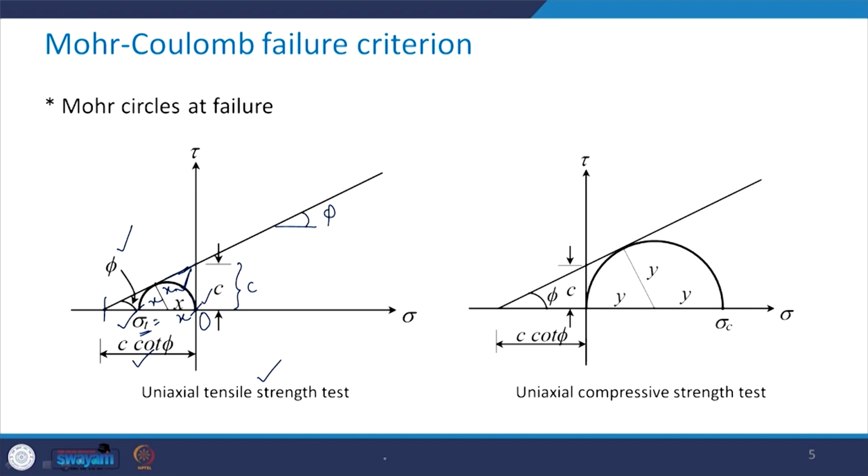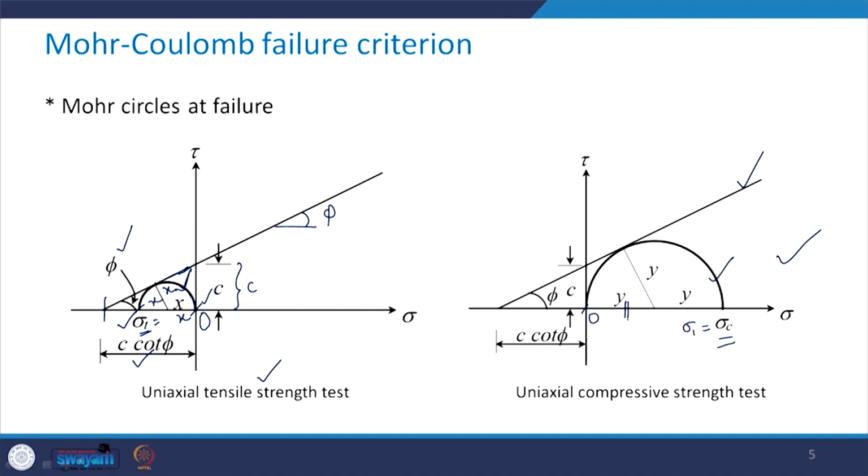Now take a look at the other figure, which is for the UCS test. So in case of the UCS test, the value of sigma 1 is going to be equal to sigma c, which is the uniaxial compressive strength, and sigma 3 here is equal to 0. Now obviously, because it is on the positive side, the Mohr-Coulomb failure envelope is valid in this case, which will be tangent to the Mohr circle at failure, representing this state of stress.